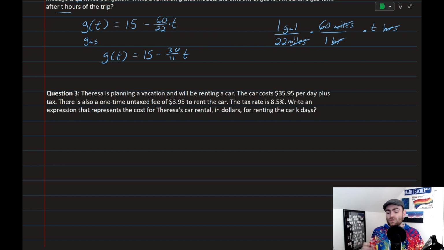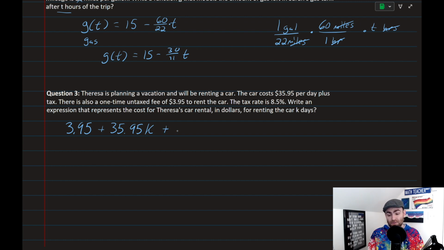So there's two ways of thought for this, and I want to show both to you. The first one would be we have the untaxed fee, which is the 3.95, and we're renting for $35.95 per day. So that would be, what was days? K days times K. And then we're taxing that by 8%.